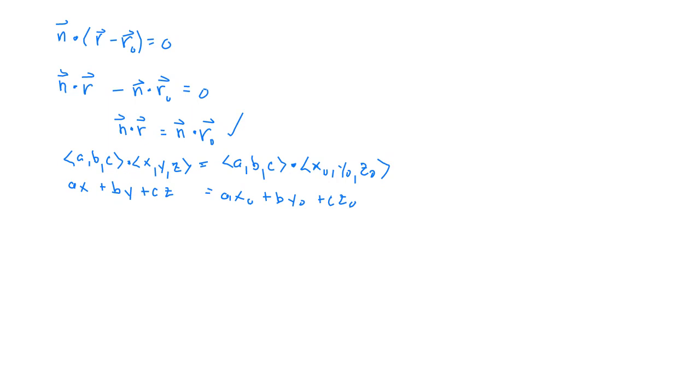Are there any questions on that so far? What I'm trying to do is derive the equation of a plane. So look what we can do. We can subtract the A times x sub 0 from both sides, the B times y sub 0 from both sides, and the C times z sub 0 from both sides.